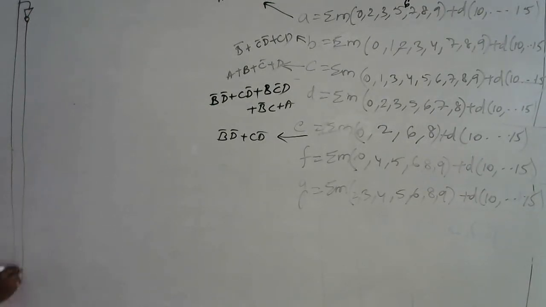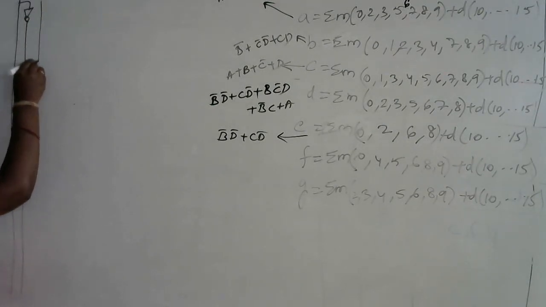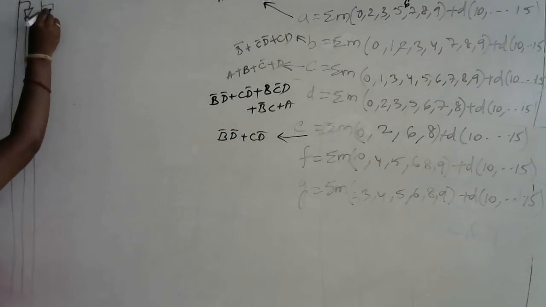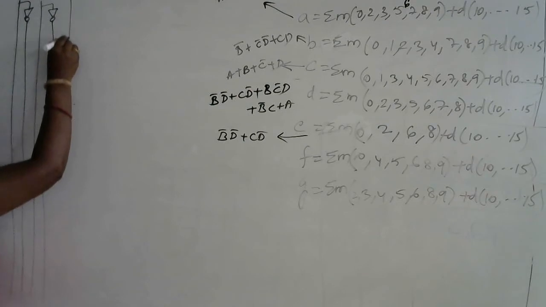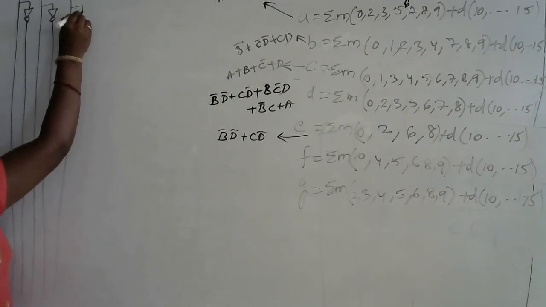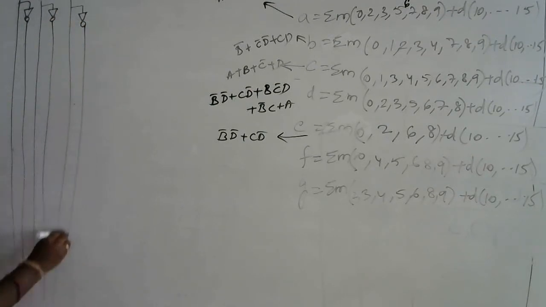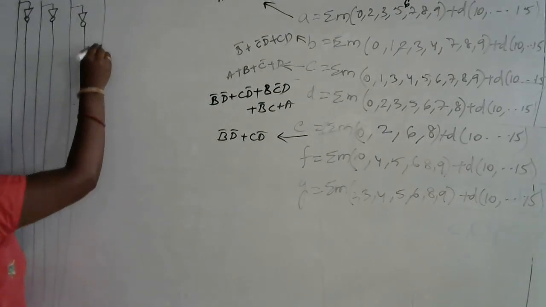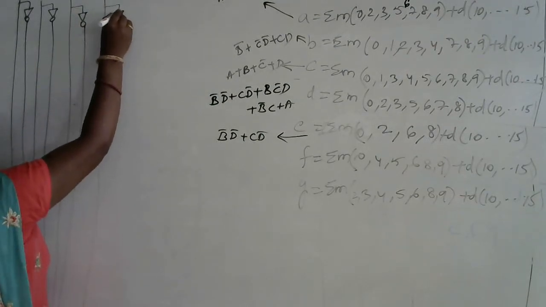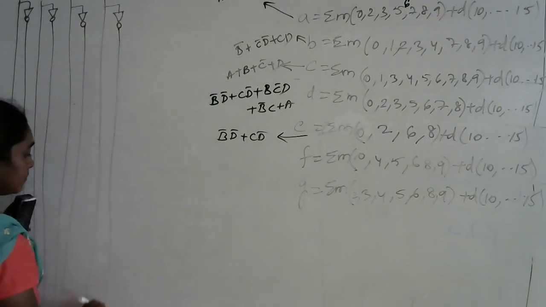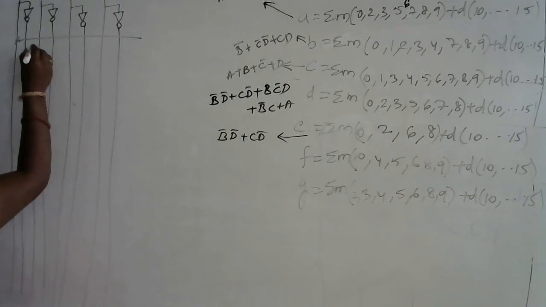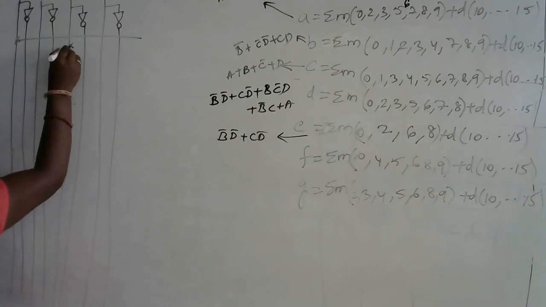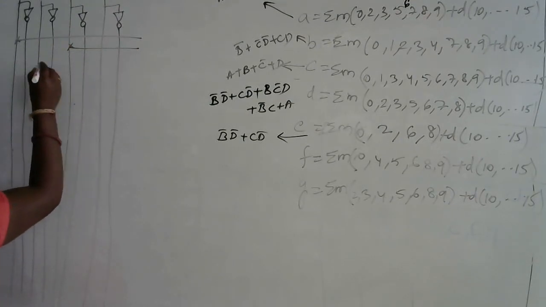So, this is A bar, this is B bar, next is C bar, next is D bar. So, the expression for A is A, next is C, next is BD.